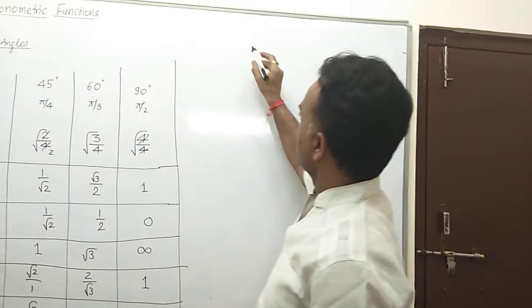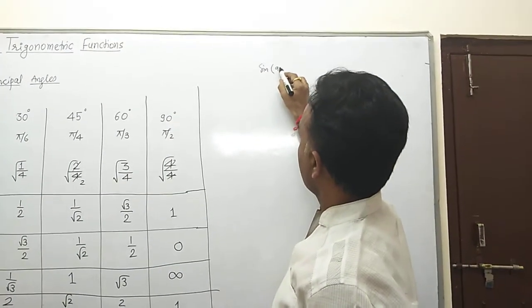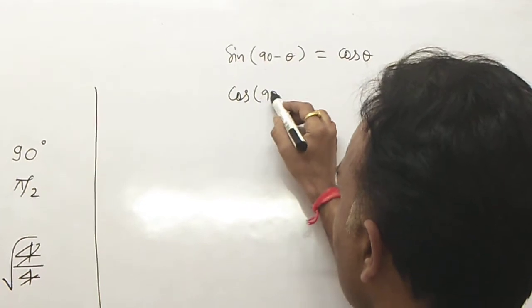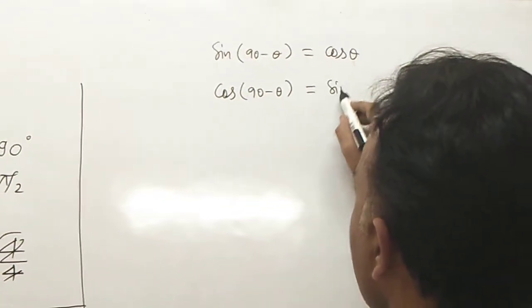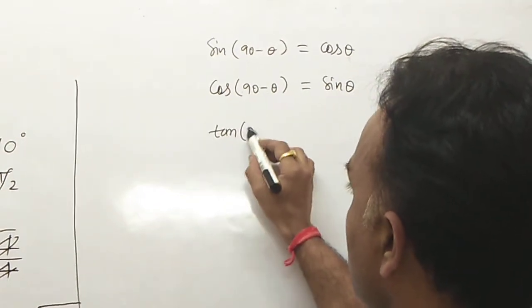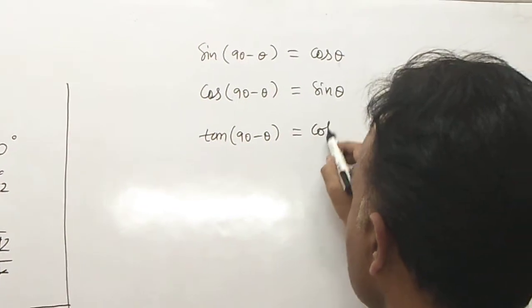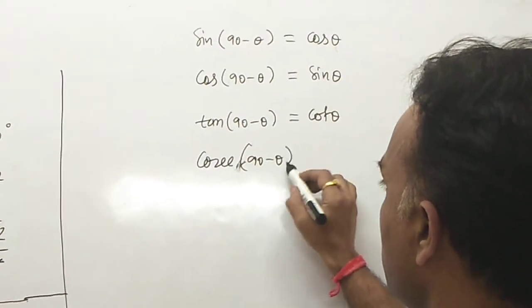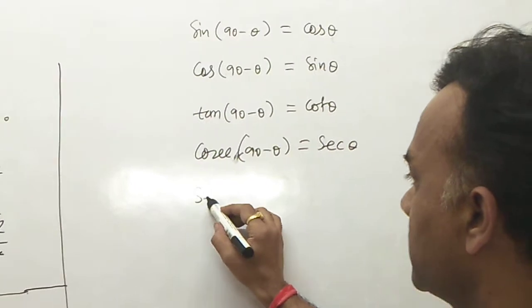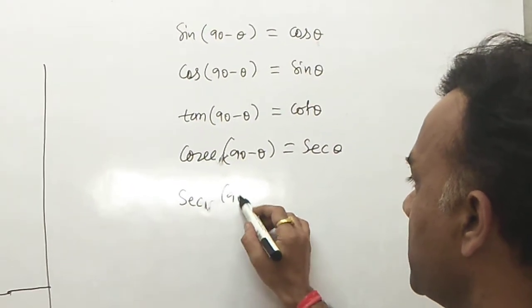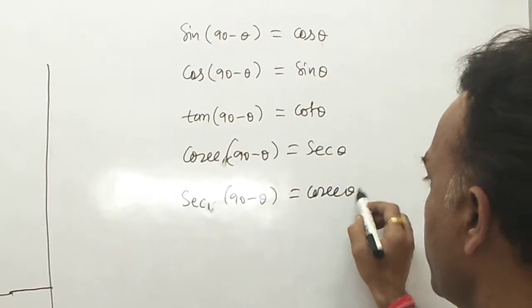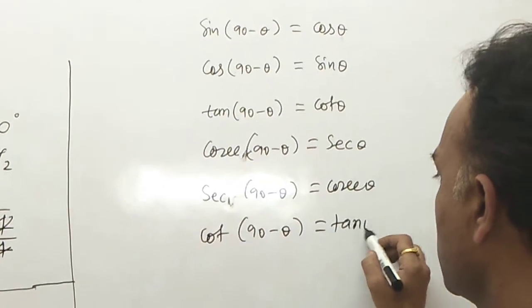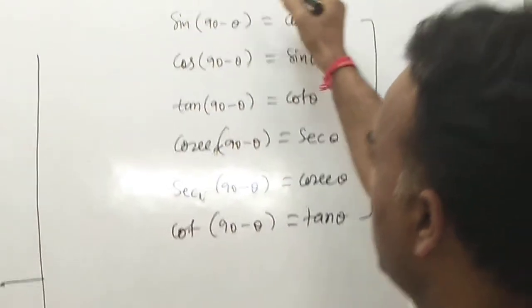Complementary angles, like we have sin 90 minus theta is cos theta, and cos 90 minus theta is sin theta, and then tan 90 minus theta is cot theta, and cosec 90 minus theta is sec theta, and sec 90 minus theta is cosec theta, and cot 90 minus theta is tan theta. Okay, so these are the complementary angle formulas.